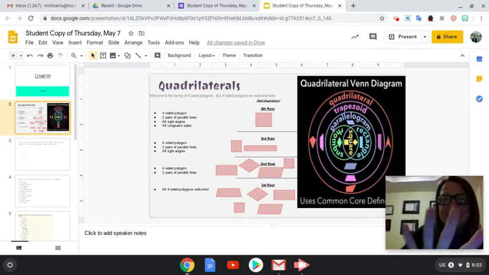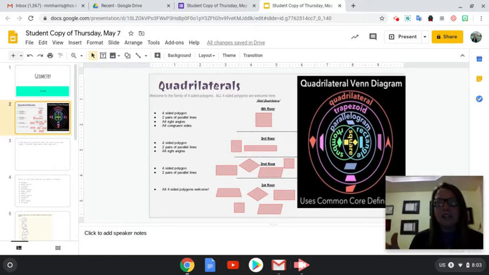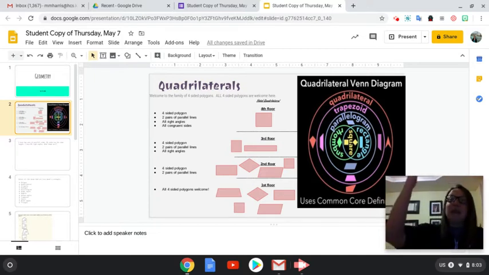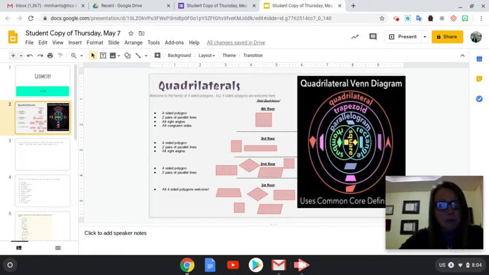They are four-sided polygons. So it doesn't matter whatever it is. If it's a quadrilateral, it's a four-sided polygon. Remember, if we're saying a quadrilateral, then we know it has all the attributes of a polygon, and quad means four. So it's a four-sided polygon.